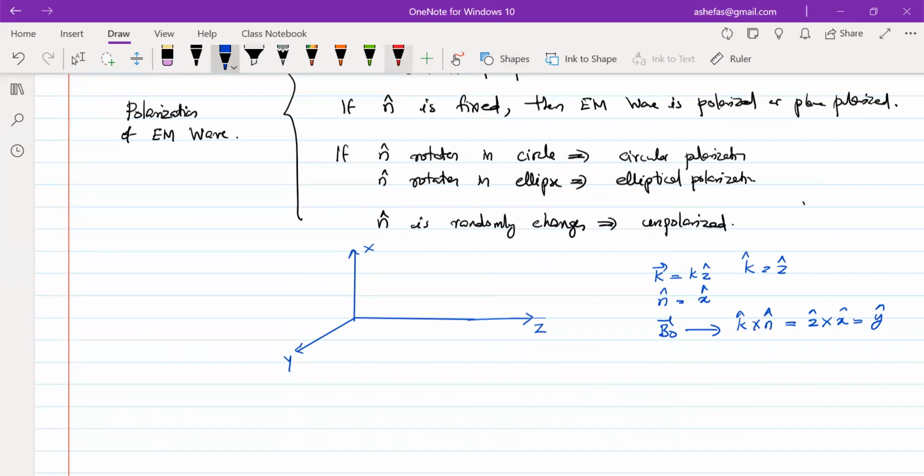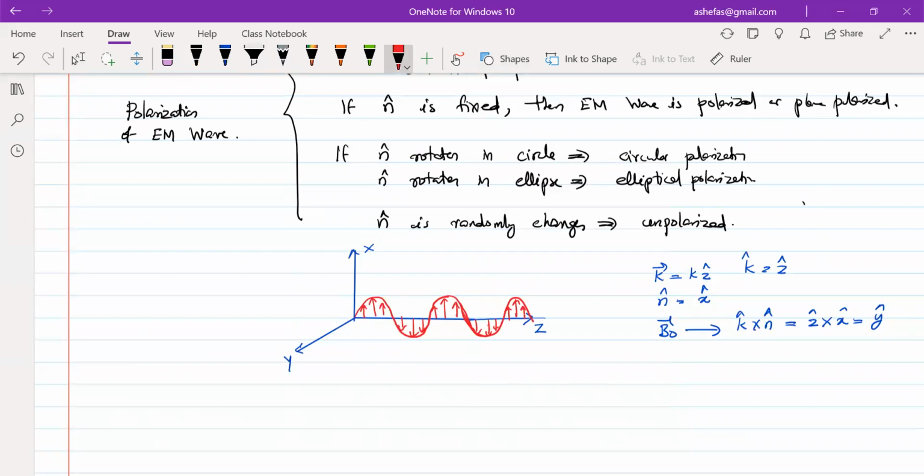Now suppose the electric field is oscillating like this. This is the visual representation of the electric field at one particular instant.